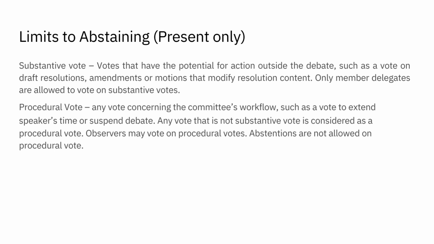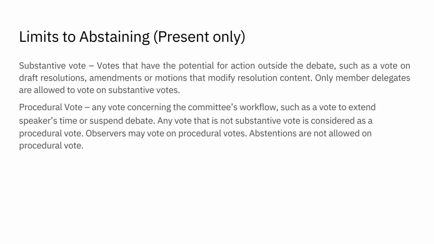Substantial votes are votes that have action for stuff happening outside the debate, such as draft resolutions, amendments, motions, modifying resolutions. If you have been present only, you're allowed to abstain from those.